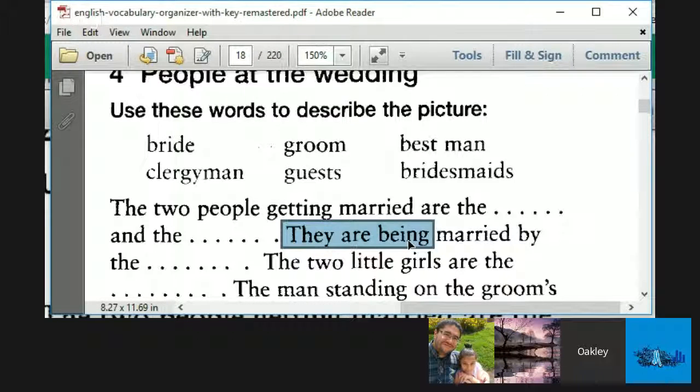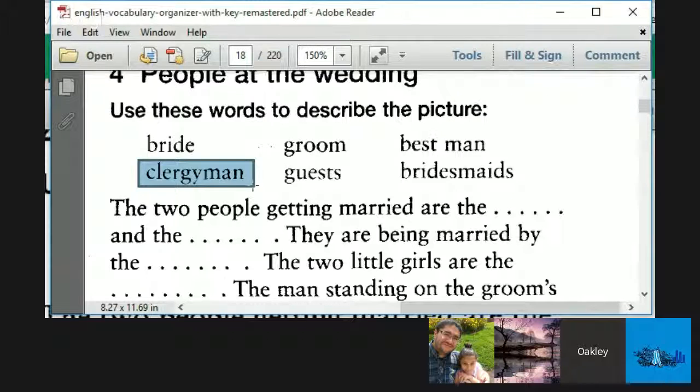They are being married by the clergyman? Clergyman, yeah. That's right, a religious figure, a reverend, a clergyman, a priest, a pastor, whatever you want to call him. Doesn't have to be. In America, for example, legally, I believe there's an equivalent in England. I'm not sure what they call it. There's a person called a justice of the peace.